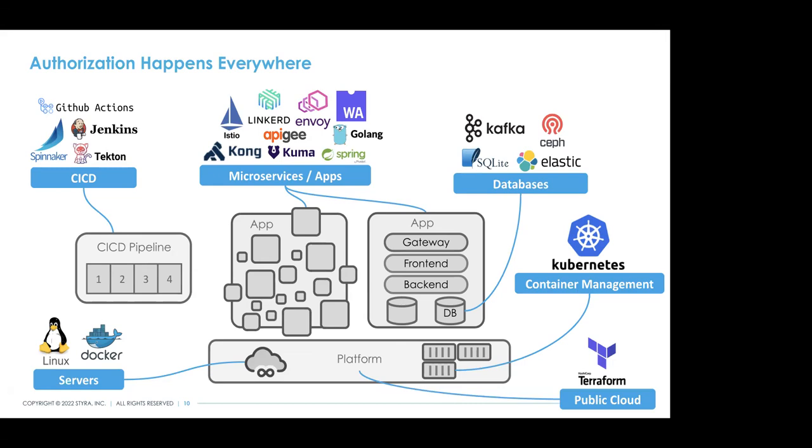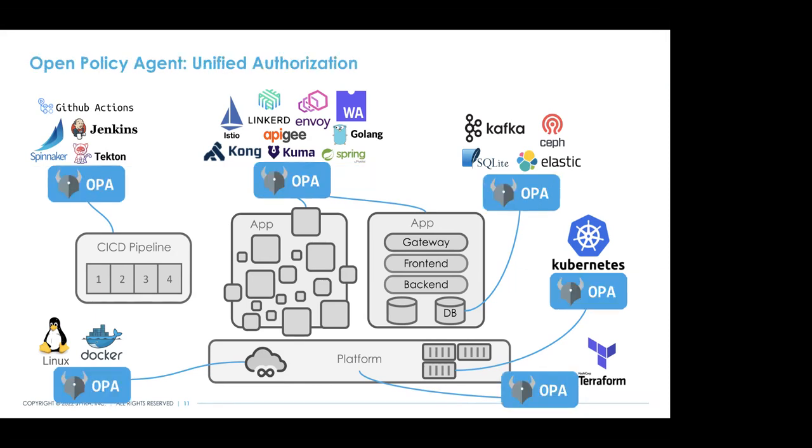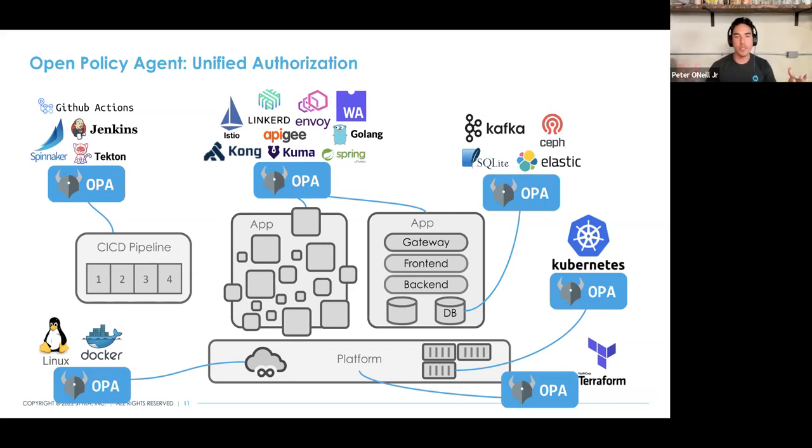And then on the left-hand side here, also for your CI/CD pipeline, right? Getting your application out into the world, getting it deployed onto the cloud, getting updates rolled out, getting fixes and change logs and all those things, part of your CI/CD pipeline, right? So being able to secure each of these components is what OPA is designed to do, right?